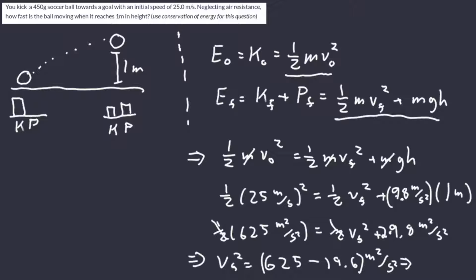And I can put that into my calculator. 625 minus 19.6, 605.4 meters squared per second squared. I take the square root of that, and I get that VF is equal to 24.6 meters per second.